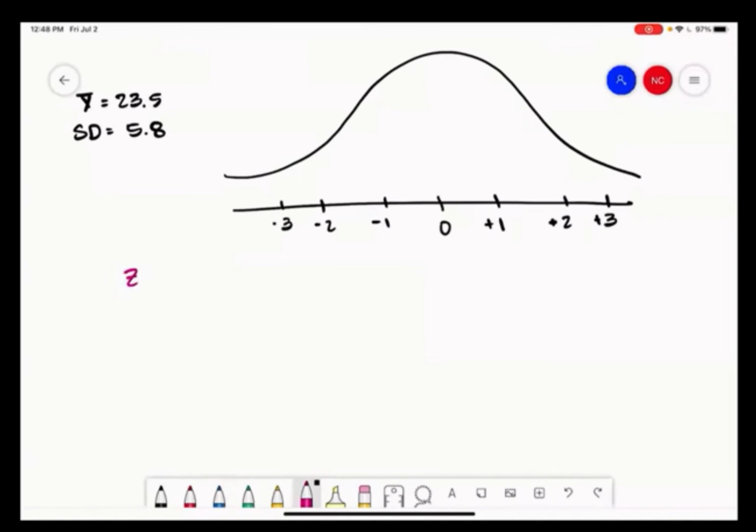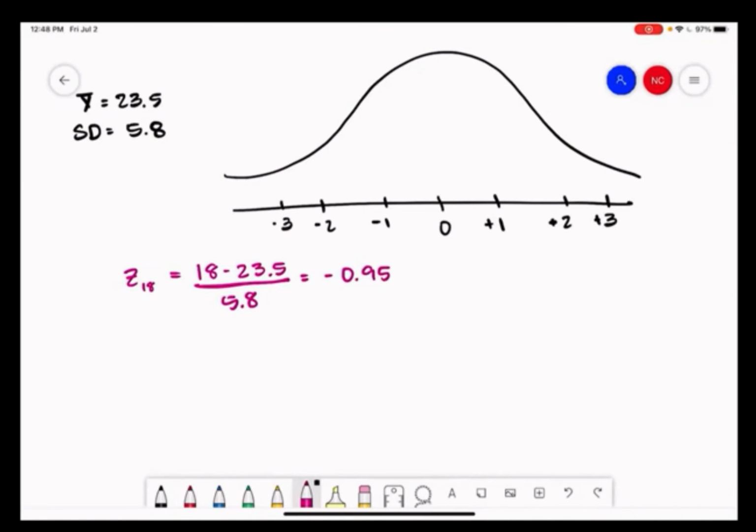Okay, so the z for, I'm going to put 18 as a subscript, we would have 18 minus the mean divided by the standard deviation. That will give us a value of 0.95 or negative 0.95.